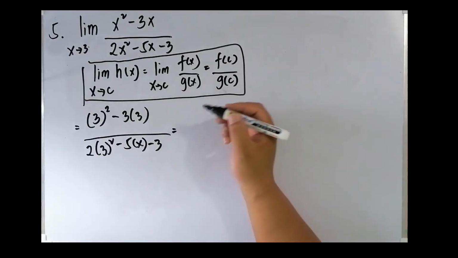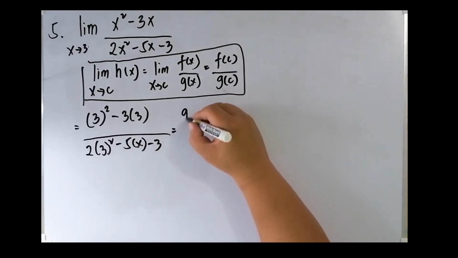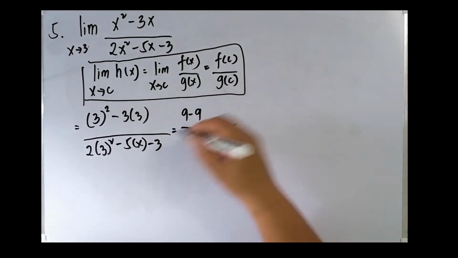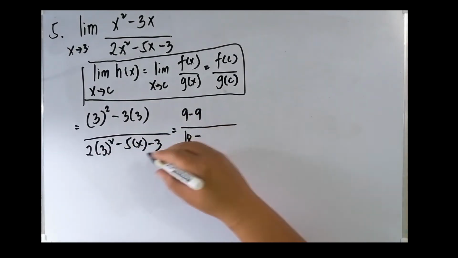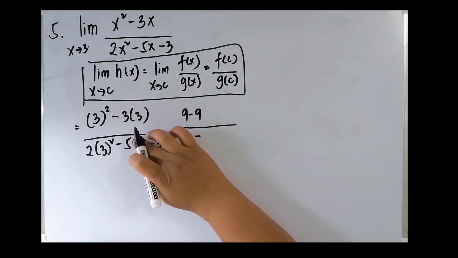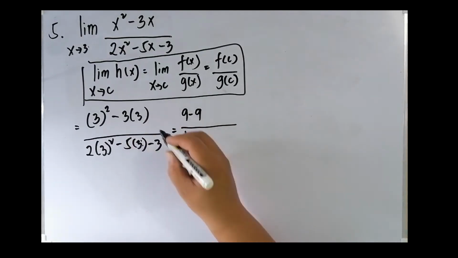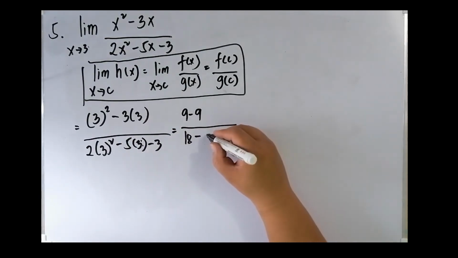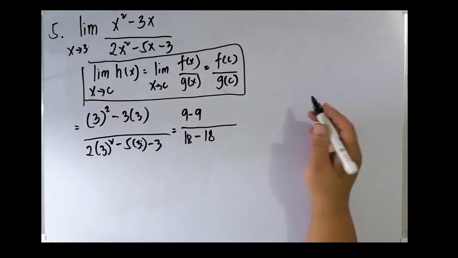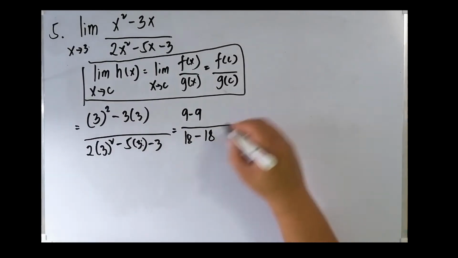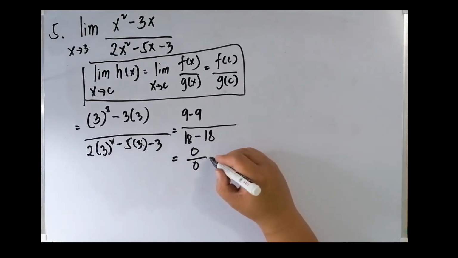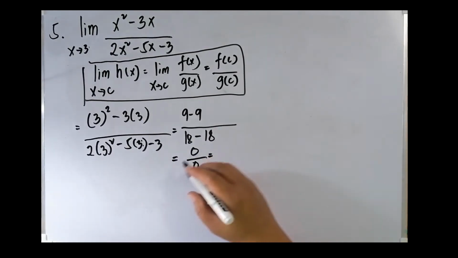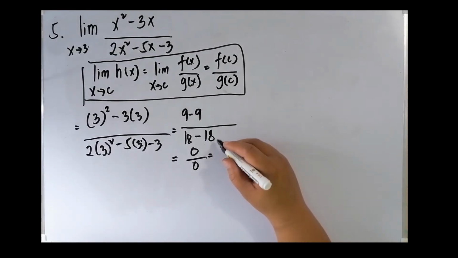And this is equal to 9 minus 9 all over 18 minus, yung x natin dito ay 3, minus 15 minus 3. Of course, we have negative 18. And this is equal to 0 over 0, which is, ang sagot natin ay undefined. Undefined yung sagot natin.